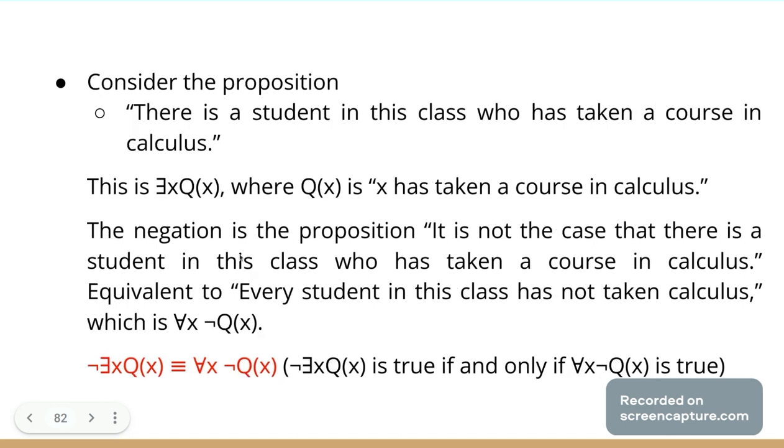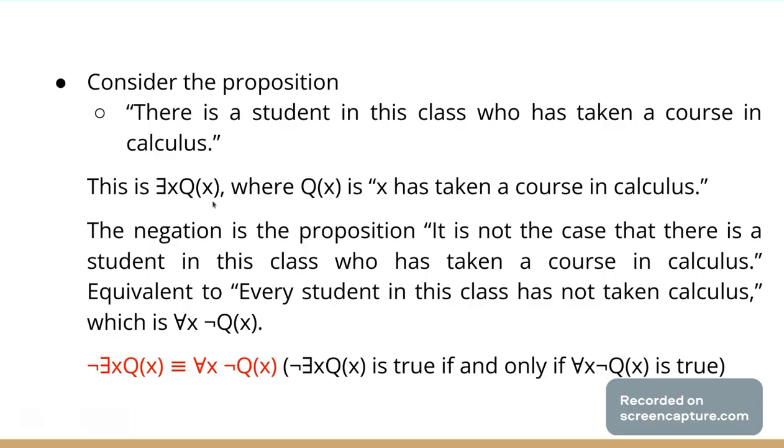Similarly, you can see this statement, "there exists x Q(x)": there is a student in this class who has taken a course in calculus, where Q(x) is "x has taken a course in calculus" and again the domain is the students in the class.